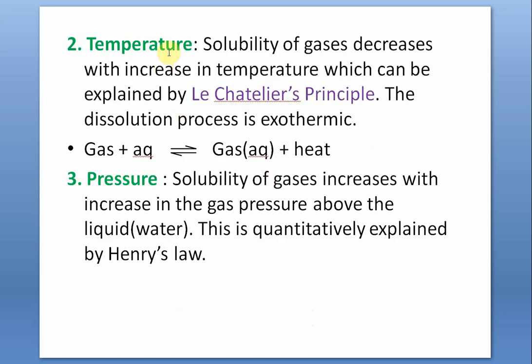point is temperature. Solubility of gases decreases with increase in temperature, which can be explained by Le Chatelier's principle. The dissolution process is exothermic. When any gas is dissolved and the hydrated gaseous molecule is there inside, ammonia, a very small part of ammonia is dissociated into ammonium ion and hydroxide, and as you know, ammonia is a very, very weak base.